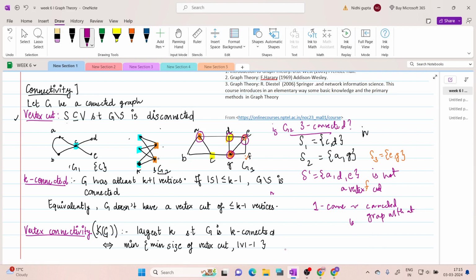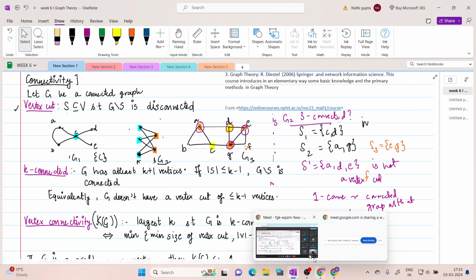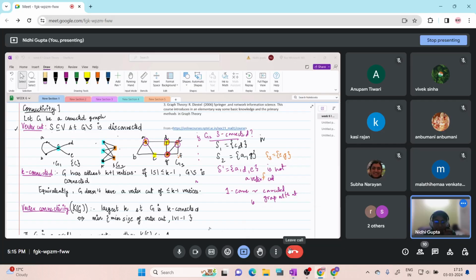If we remove two orange nodes, we get three components, three blue vertices, so the graph becomes disconnected. So G2 has a vertex cut of size 2. Therefore, G2 is not 3 connected. So this is what k connected means: k connected is basically that if you remove any k minus 1 vertices, then the graph should remain connected.